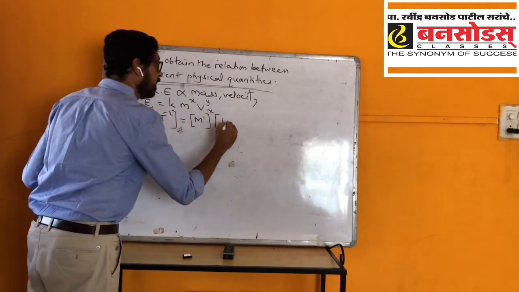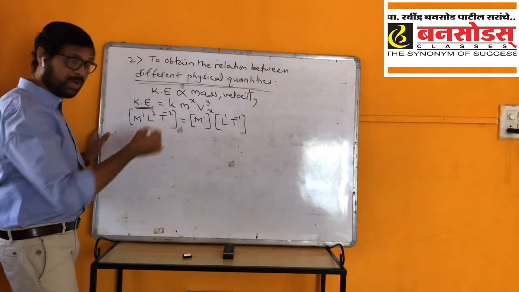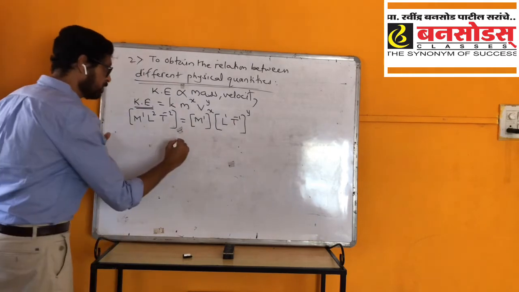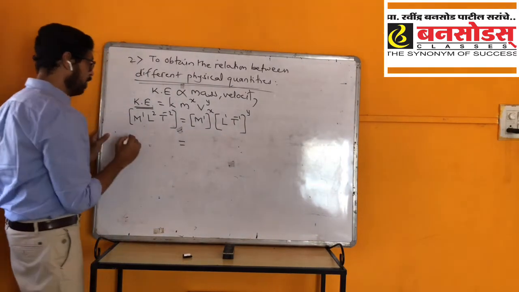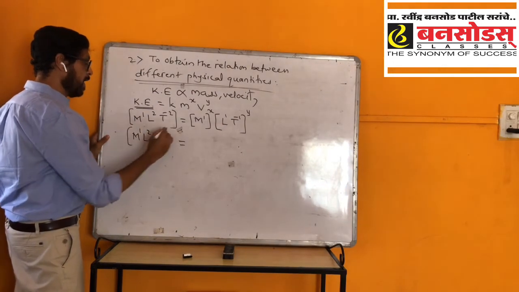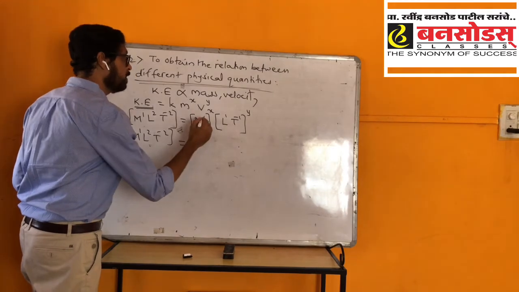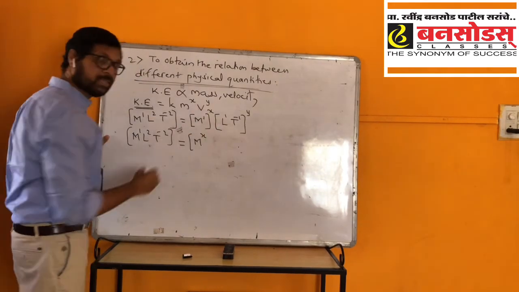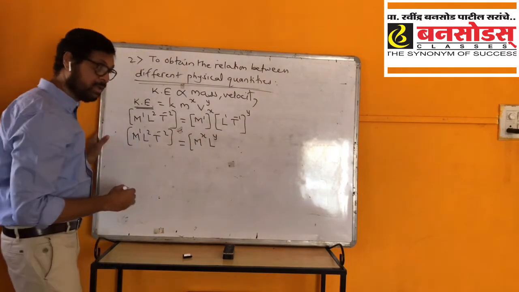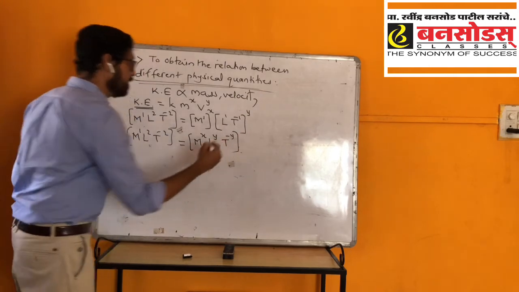Velocity L1 T minus 1 raised to y. So M1 L2 T minus 2 will be equal to M raised to 1 into x, that is x. L raised to 1 into y, that is y. T raised to minus 1 into y, that is minus y.